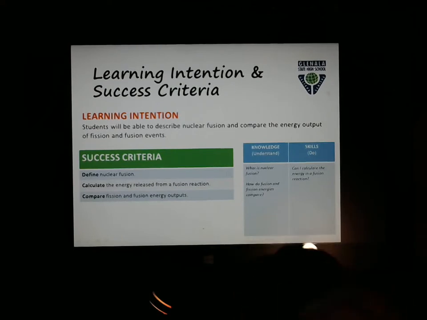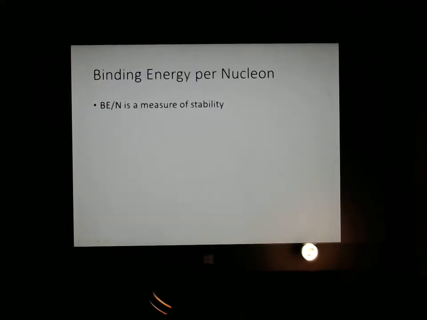So firstly, in video 1.6 of the unit, I discussed how the stability of an atom can be looked at on a basis of its binding energy per nucleon. I've abbreviated that to BE per N. Radioactive decay occurs because of this property. Nuclear fission occurs when a highly unstable atom can become two smaller, more stable atoms because of their binding energy per nucleon.